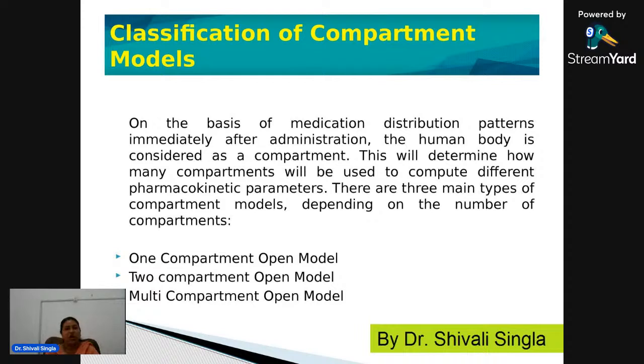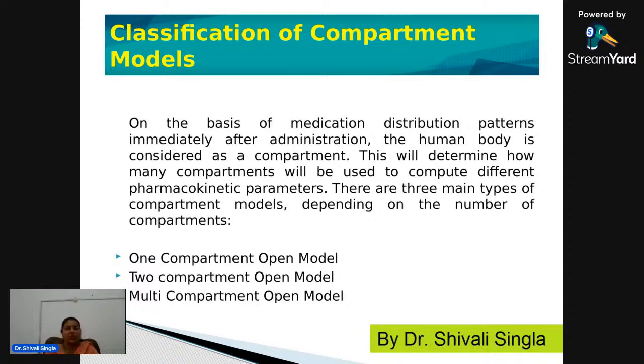This will determine how many compartments will be used to compute different pharmacokinetic parameters. There may be one, two, three or more than three compartments into which the body can be divided, and according to that, parameters can be calculated for that particular drug or medication. There are three main types of compartment models depending on the number of compartments.